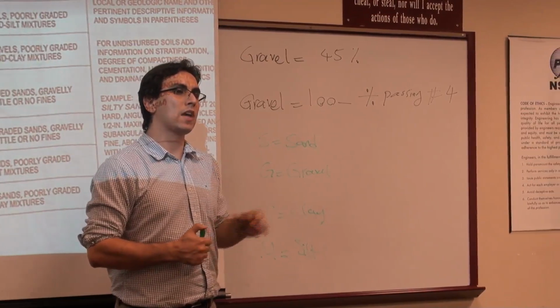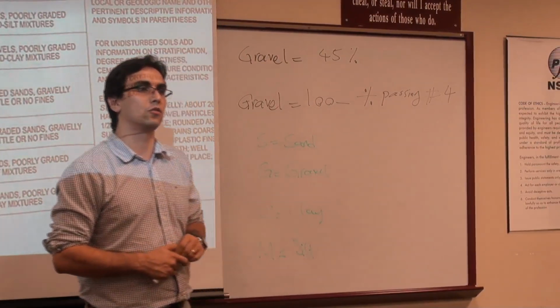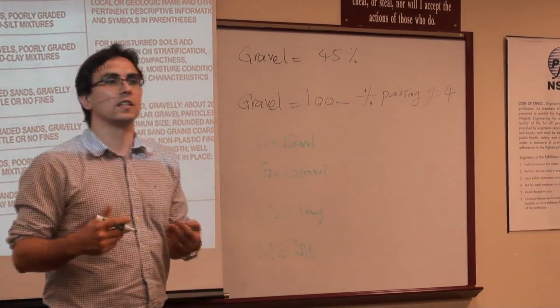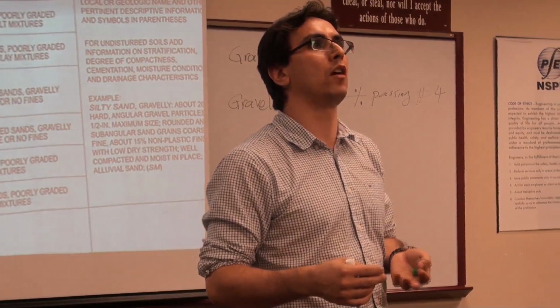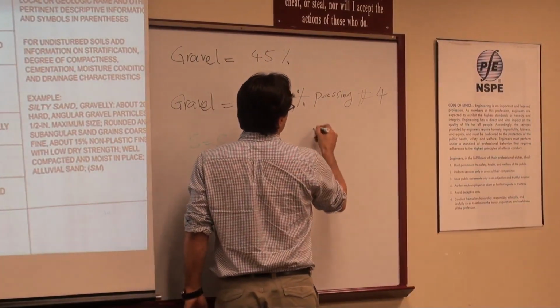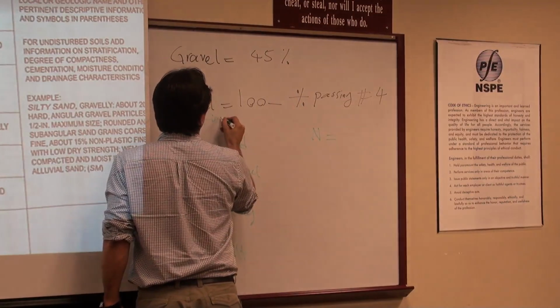But we may have other letters too that we need to use for group symbols. The second letter explains the properties of that soil. For example, we have W for the second letter.